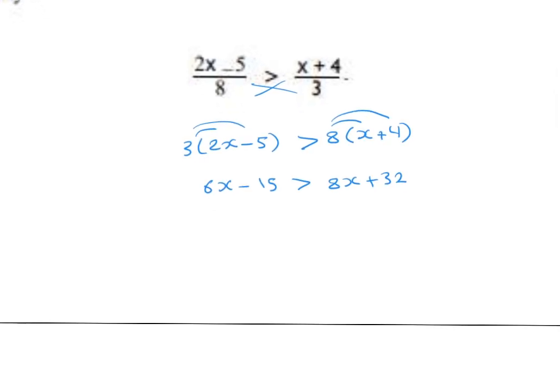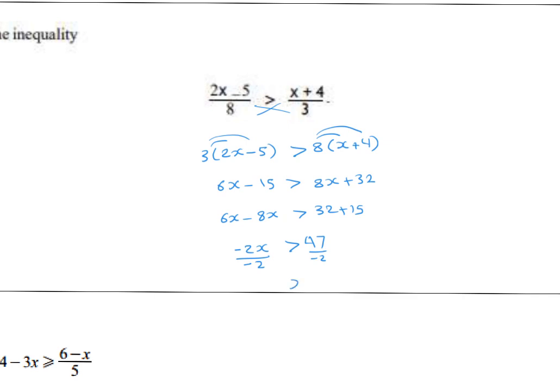Put x on one side: 6x minus 8x more than 32 plus 15. 6x minus 8x is negative 2x, more than 32 plus 15, which is 47. Then divide by negative 2.